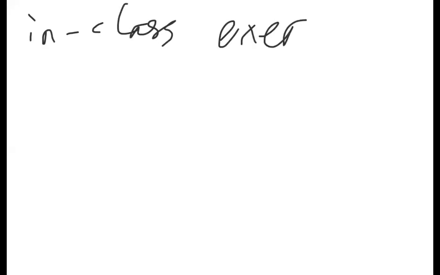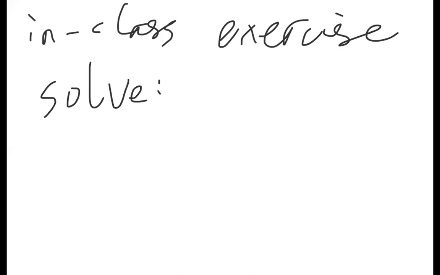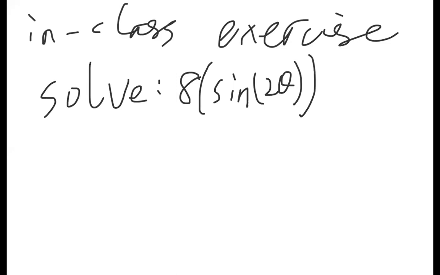So you have a class exercise. Solve 8 times sine of 2 theta minus 7 cosine theta equal to 0.